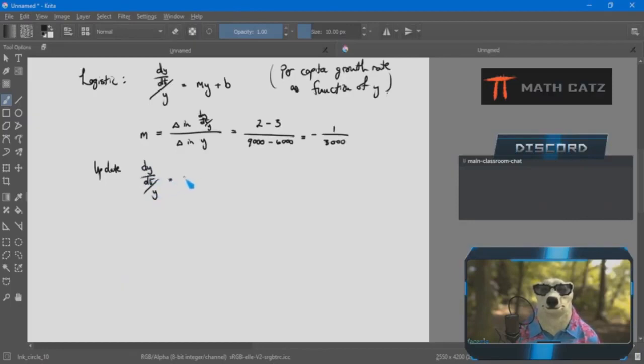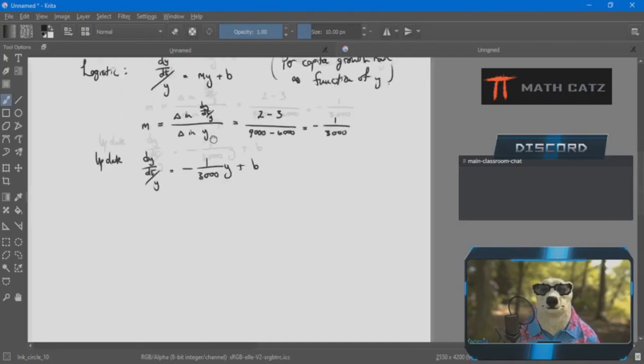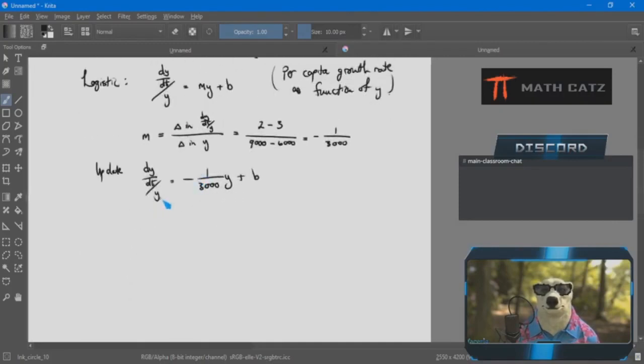Update the equation, putting in the value of m, still having to find the value of b, but I have any point that is convenient. Let's say the first one, 6,000 for y, 3 for the per capita growth rate. Plug that in, so 3 equals negative 1 over 3,000. What did we say, 3,000?